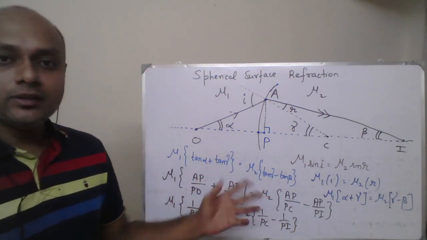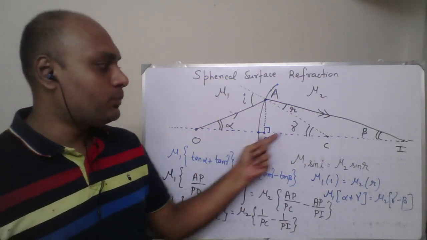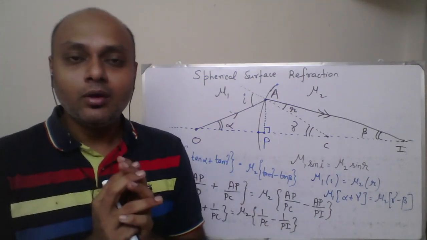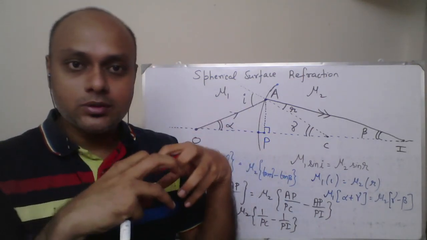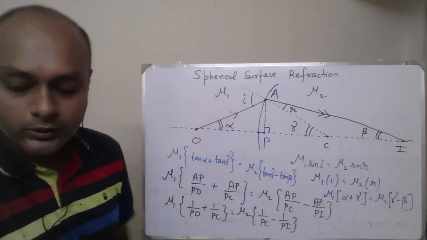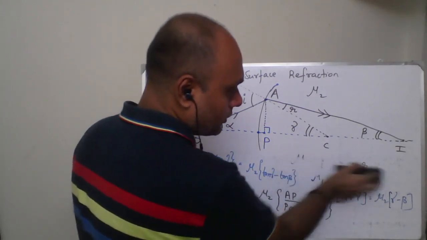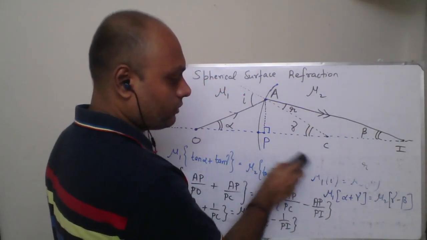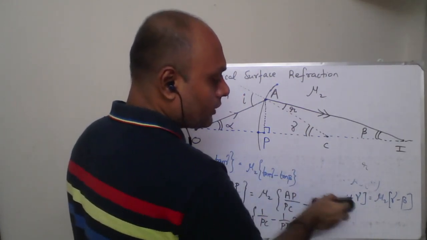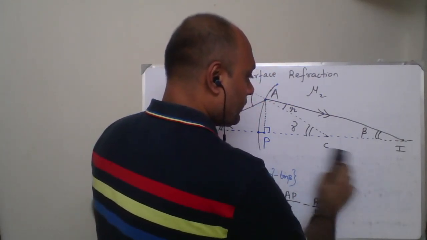Okay, so we will rearrange the terms, bring U and V on one side. So PO is the object distance, PI is the image distance. So object distance and image distance, we will keep on one side. Other terms, we will take on the other side and see what happens to this particular expression. So let's do that. I am going to again make space. So if you are noting it down, you can pause it and make note of it. So I am creating some space for me to work with. Okay, so I have erased this portion.